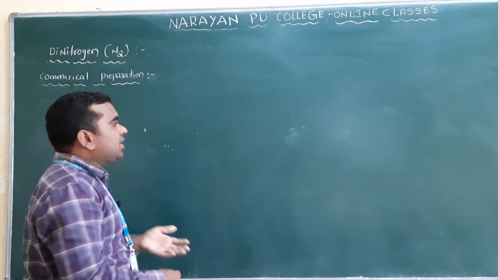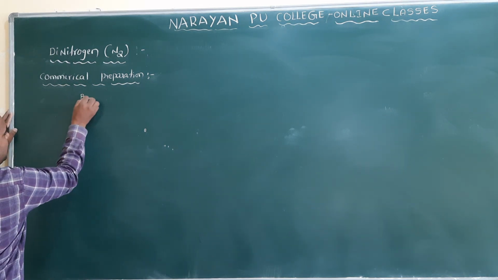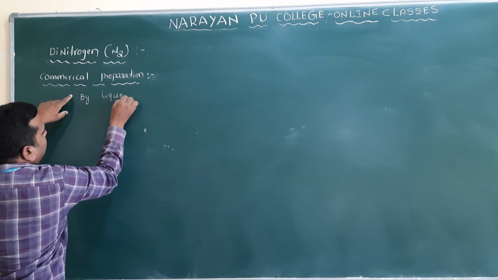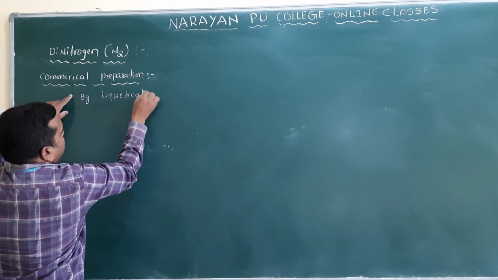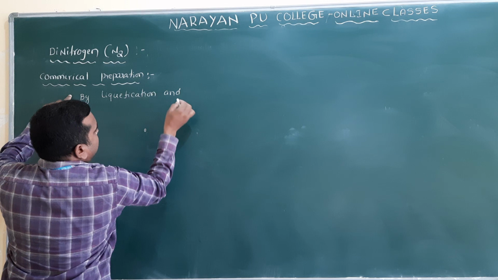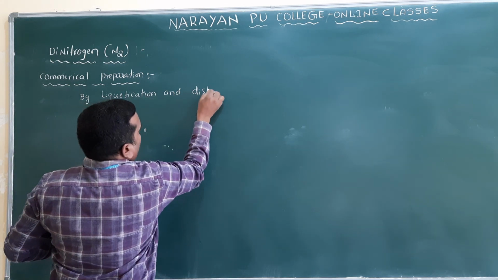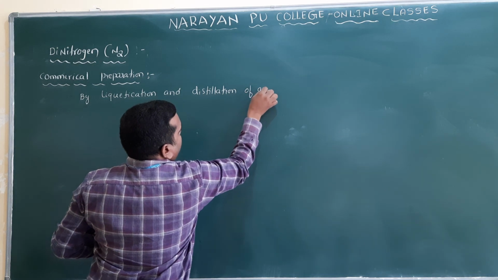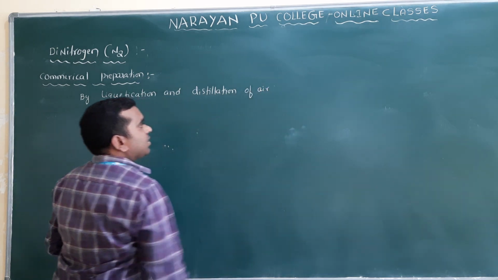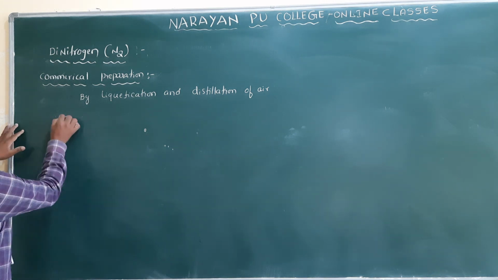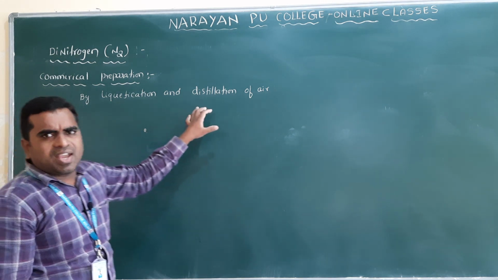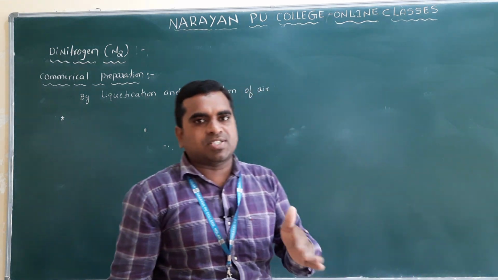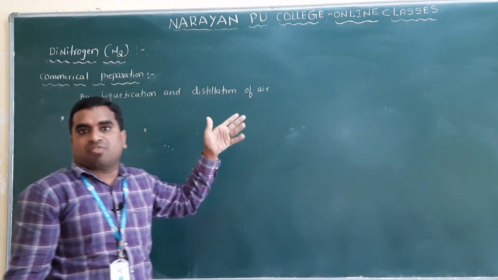So commercially it is prepared by liquefaction and distillation of air. In the air, mainly oxygen and nitrogen are present: 21% oxygen and 78% nitrogen.